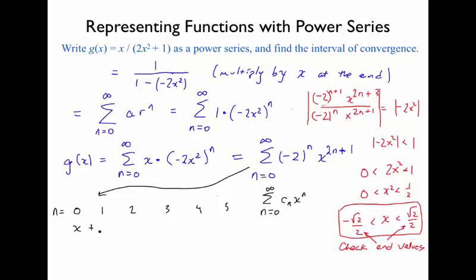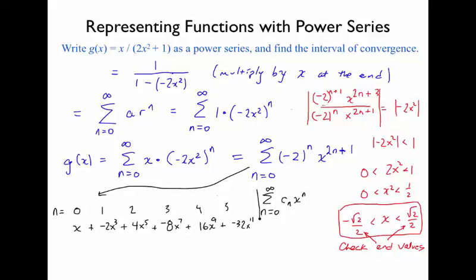When n equals 1, you get negative 2x cubed. And when n equals 2, you get 4x to the 5th. And when n equals 3, negative 8x to the 7th. n equals 4, that's the ninth. Thank you. Ninth. And then finally, negative 32x to the 11th.